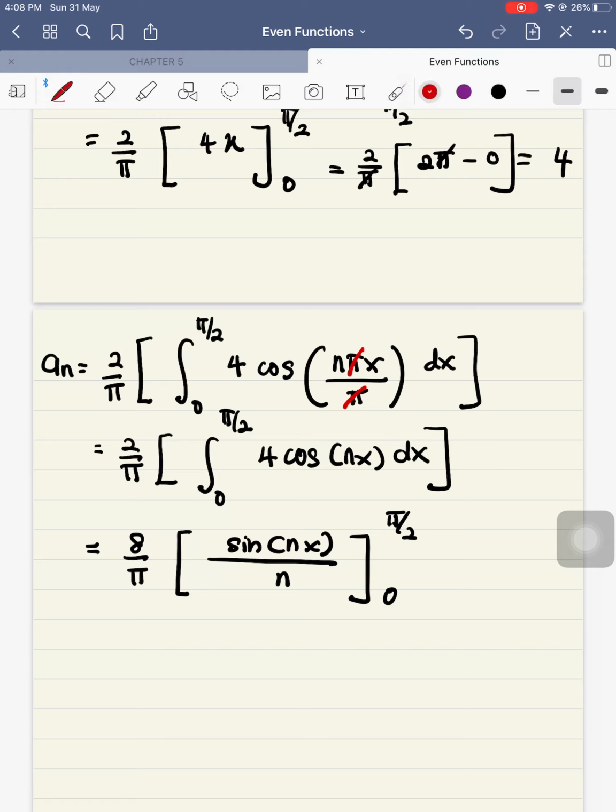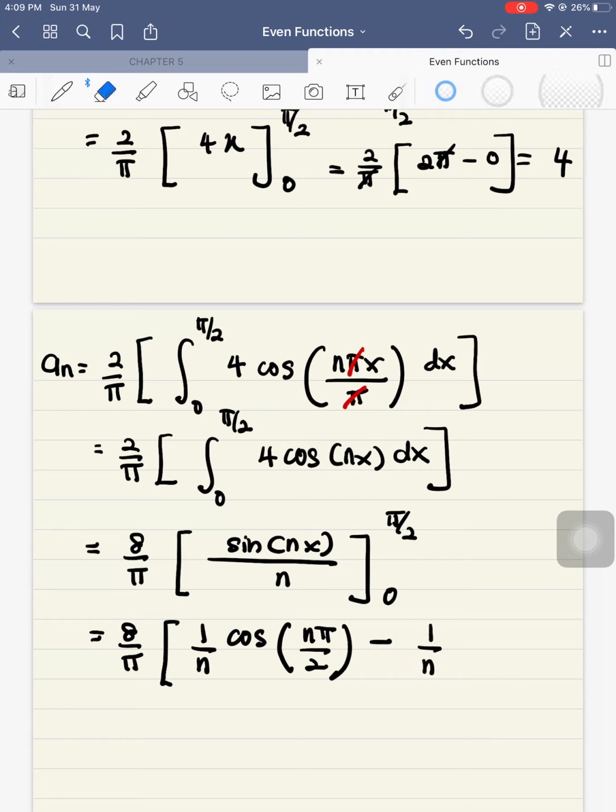Okay, so substitute upper limit minus lower limit, so you will have 8 over pi, 1 over n cos n pi over 2 minus 1 over n, oh sorry, this is sine, minus 1 over n sine 0.